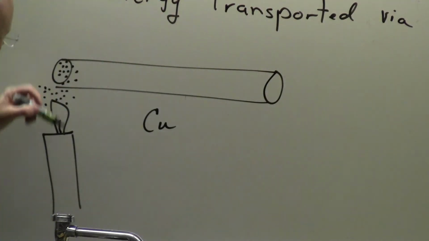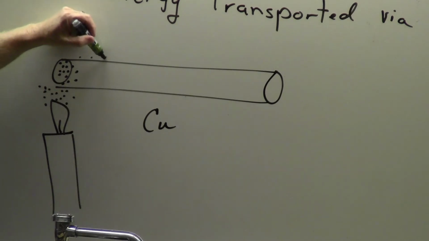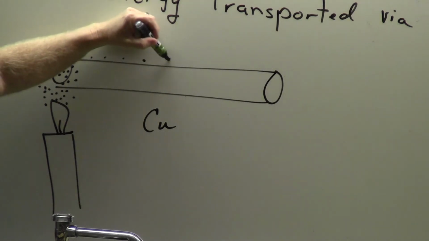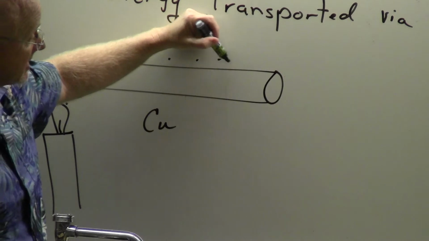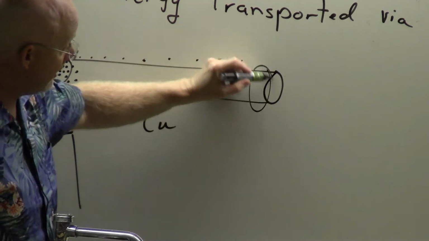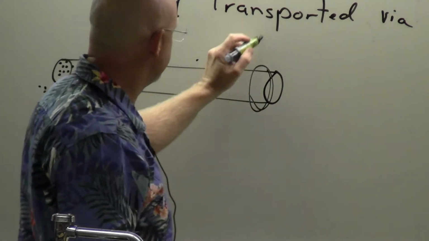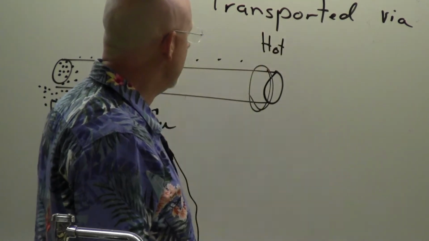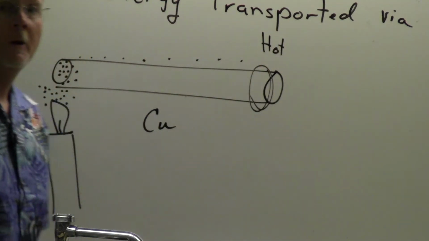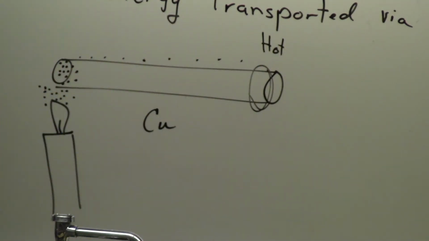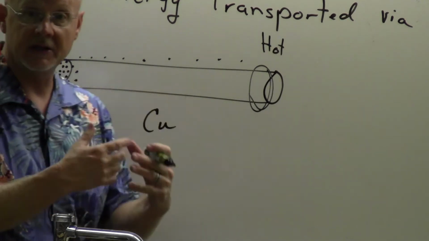And of course, they would bump the next and bump the next and bump the next, and so on. And then over here, eventually, not right away, but eventually, the end of that metal bar will get hot. That process is conduction. That's how the energy moved down this metal bar.